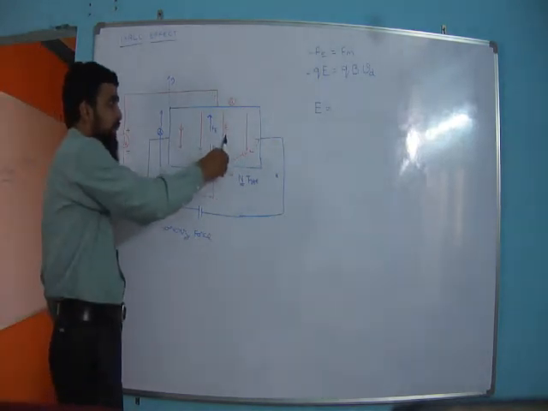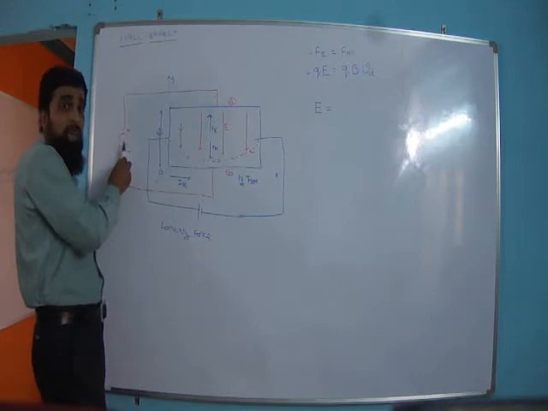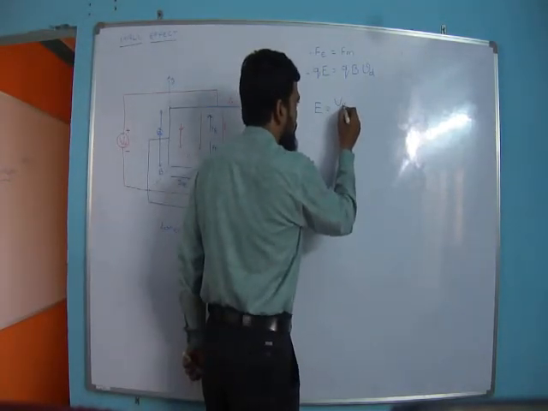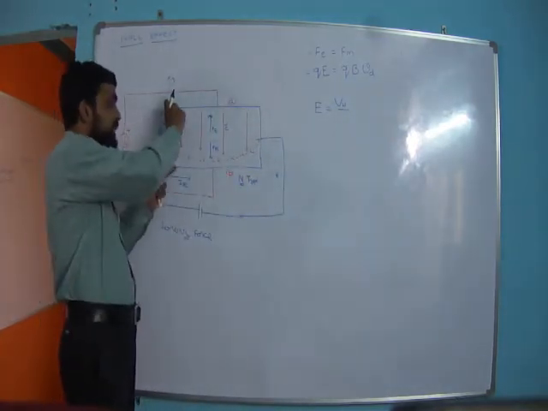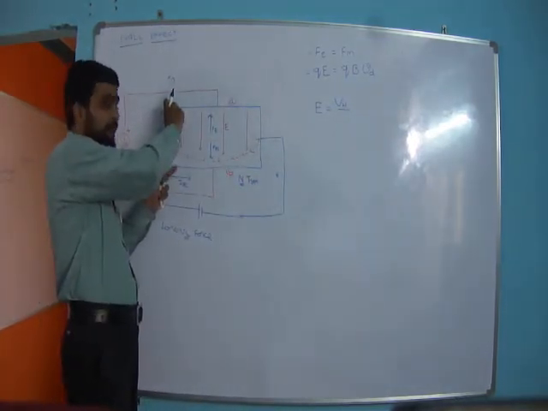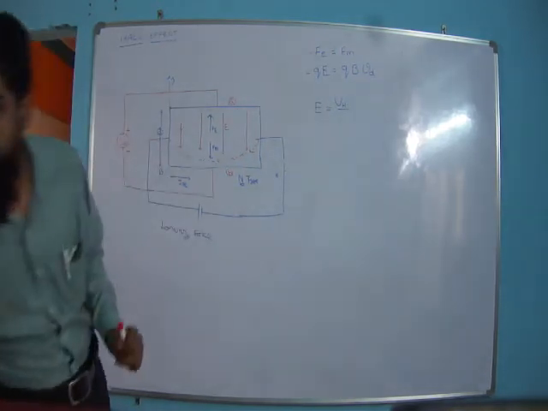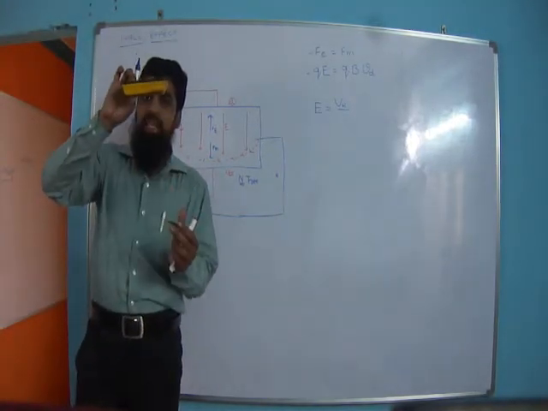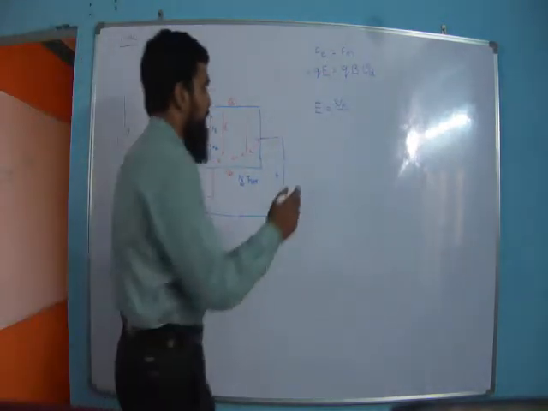This electric field is equal to the voltage, which is nothing but the Hall voltage VH, by the distance, which is the height of this semiconductor. This is D. If you consider this to be the semiconductor, this is the thickness, the height of your semiconductor, so E is VH by D.